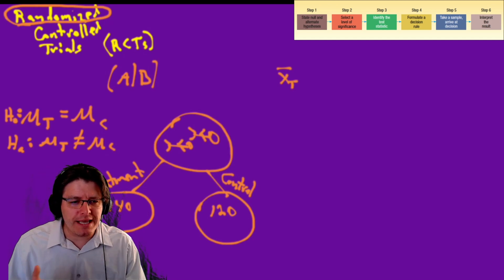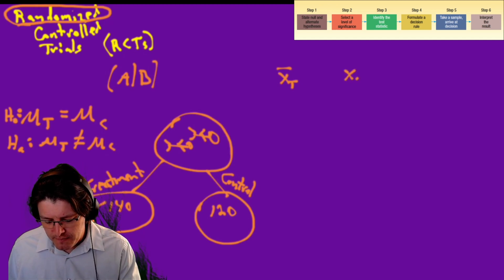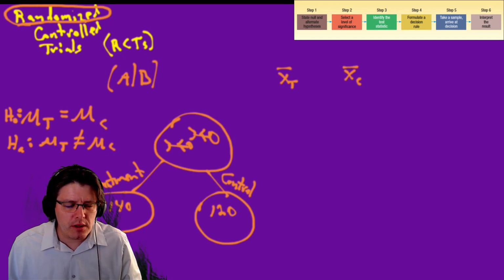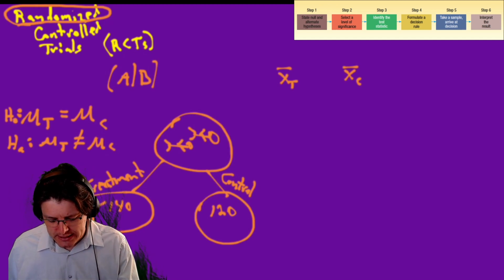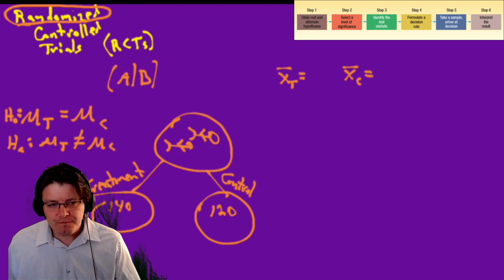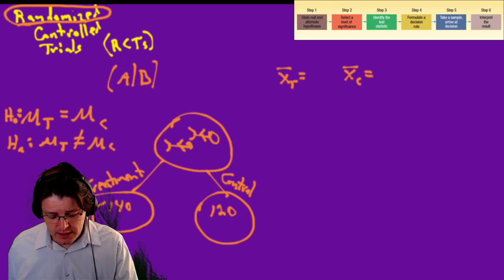Now, some people will leave it as x1 and x2. I find it more convenient or more clear to keep it as treatment and control, or somehow label it, because I can't register 1s and 2s. So we'll get an x bar 1 and an x bar 2, or an xt and an xc.